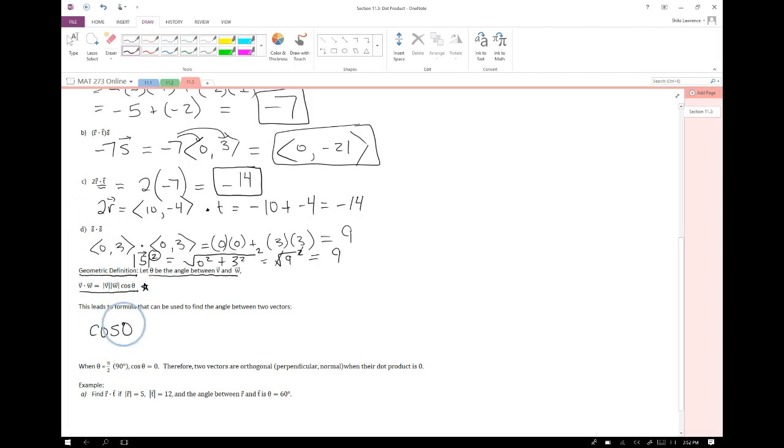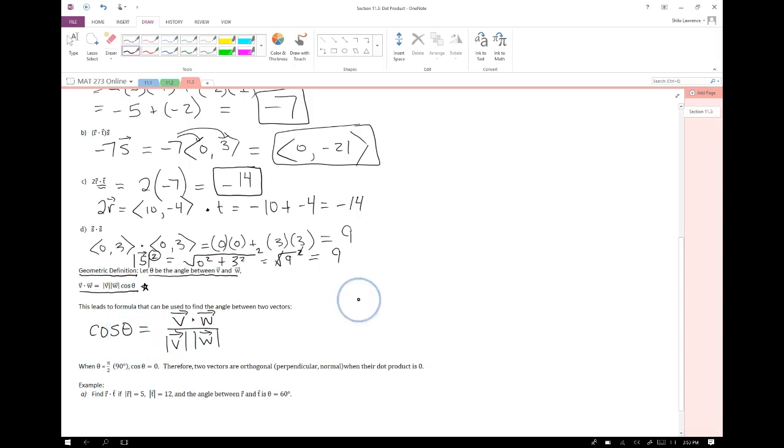And what we get is cosine of theta is v dot w divided by the magnitude of v times the magnitude of w. So if we've got v and w in component form, we could easily calculate the right-hand side of this equation and then ask our calculator what cosine inverse of that value is, and it will tell us the angle between v and w.